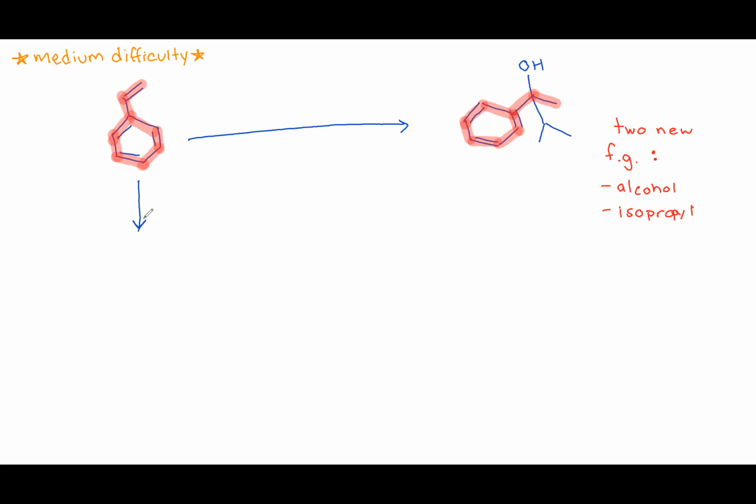Now, when we think about our reactions that convert an alkene to an alcohol, we can kind of group them into two different categories based on their regiospecificity. So if we look at this starting material and this product, what regiospecificity do we want here?